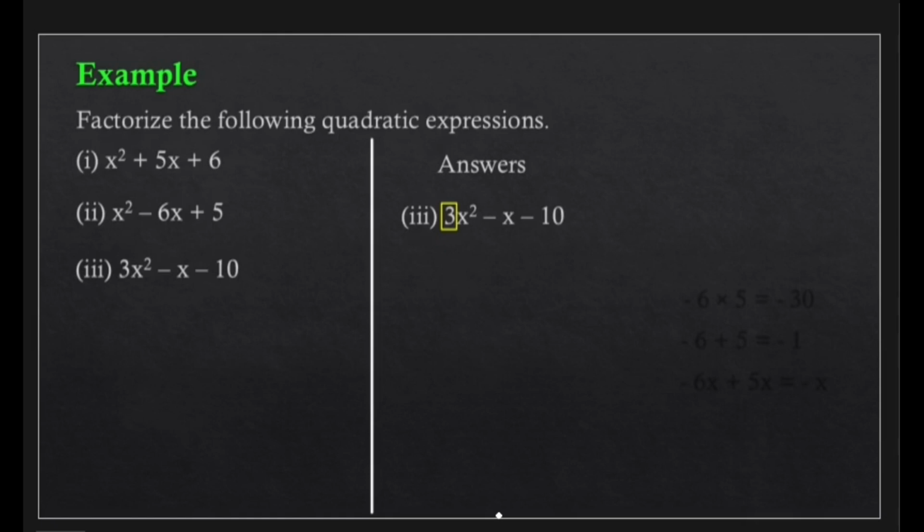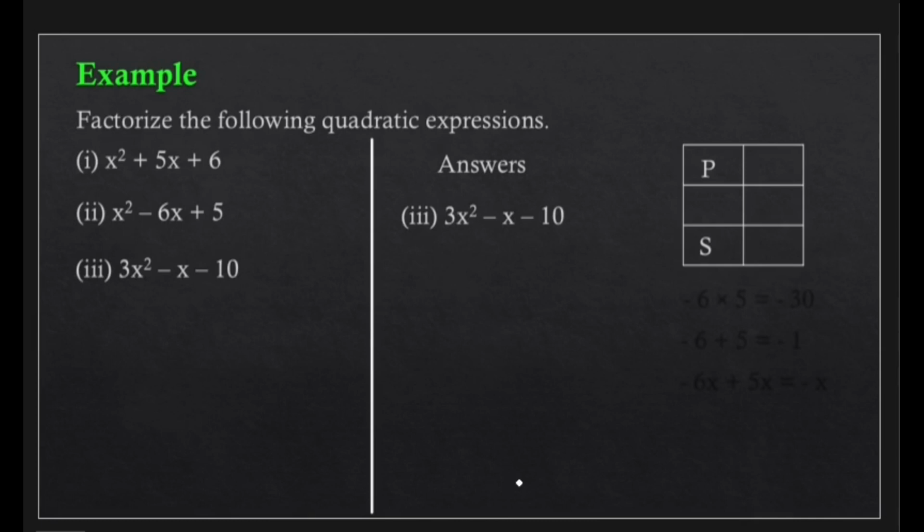When answering such a question, you need to come up with a table, and in this table you have the first thing to find, which we call the product, and the second thing, which we call S, the sum. So P stands for the product and S stands for the sum.